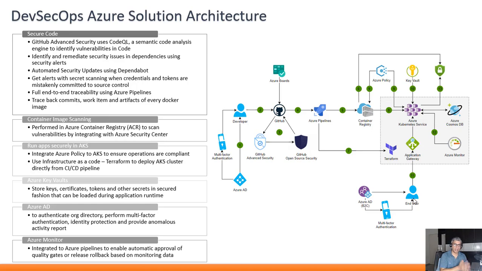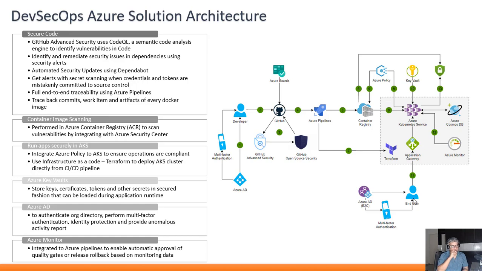You have to scan those images before they get deployed to the related environments. Azure AD, the Active Directory, needs to be part of your implementation, obviously, because you need to authenticate against the organization directory. You need multi-factor authentication. You have to understand the identity protection that needs to be done so that anonymous logins can be prevented.